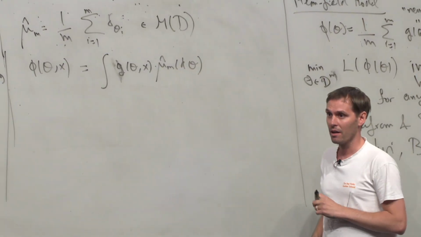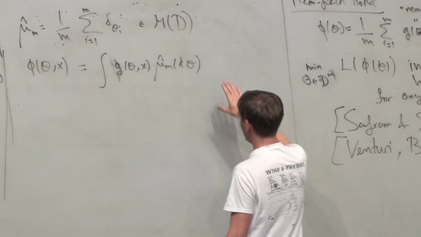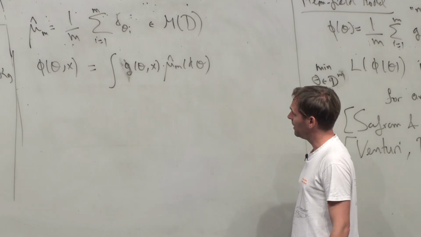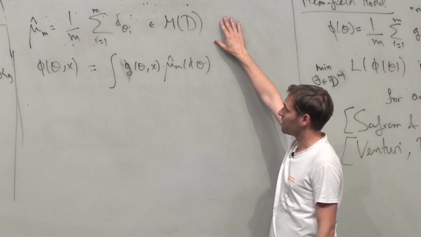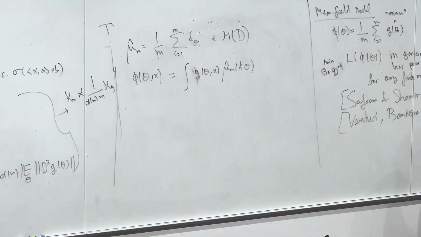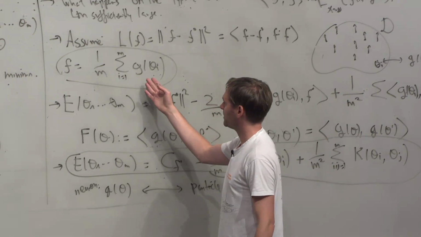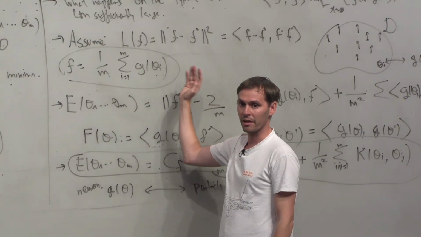It's a measure. But there's another important property of this formulation, which is that suddenly we have an object that captures all the invariances of the model, right? So I gave you this function description here, right? This is parameterized by theta 1, theta 2, theta 3 through theta m.